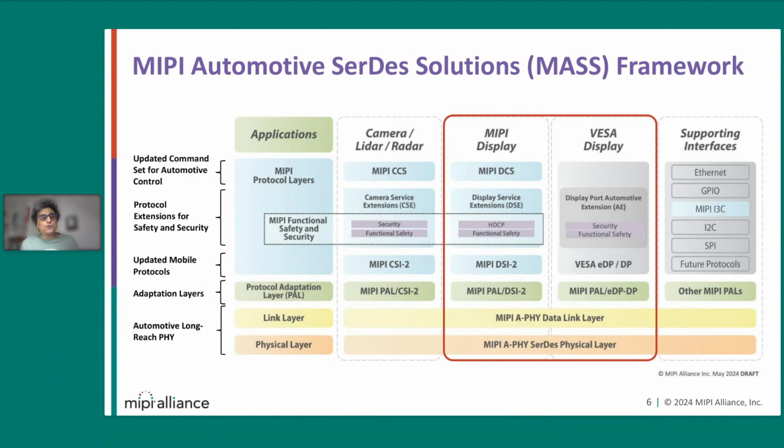And above the protocol, we have the so-called service extension, which provides additional services for end-to-end functional safety and security, but also content protection and other functionality. So today we are going to focus on the MIPI display and have a bit of talk about the VESA display because this is related.